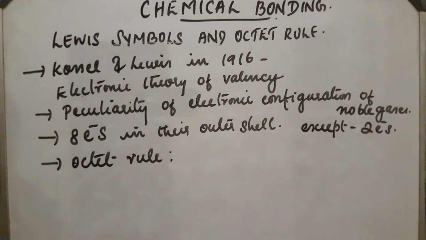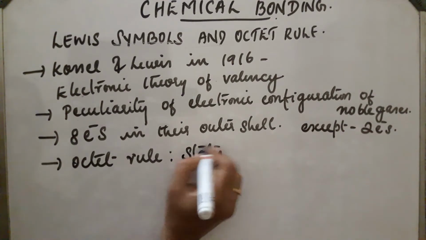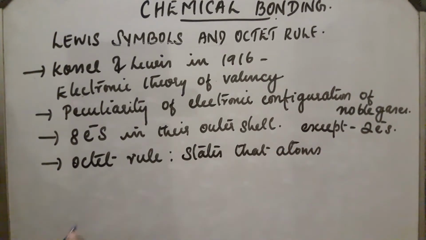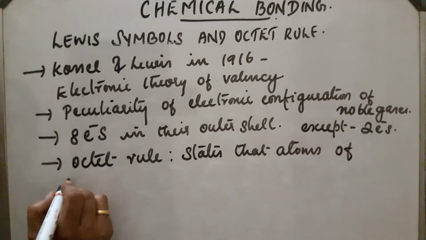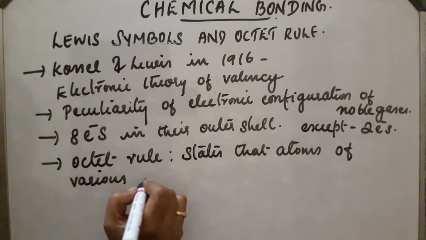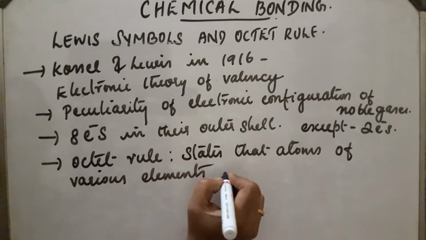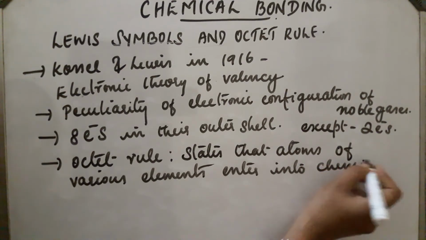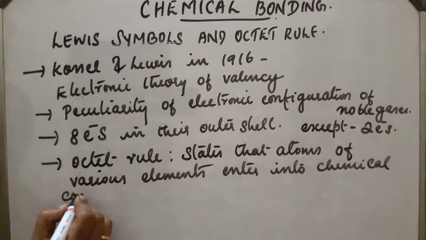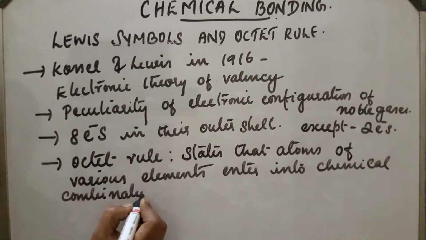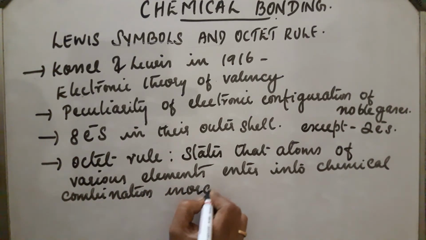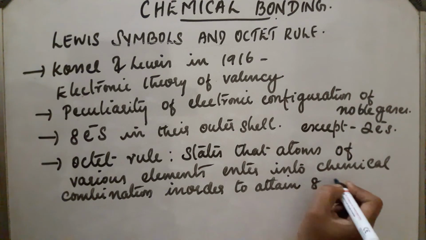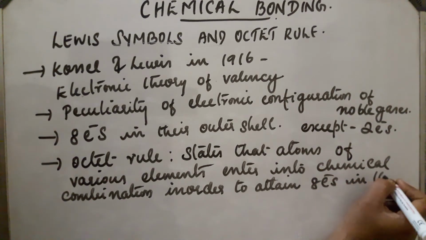This rule states that atoms of various elements enter into chemical combination in order to attain eight electrons in their outermost shell.